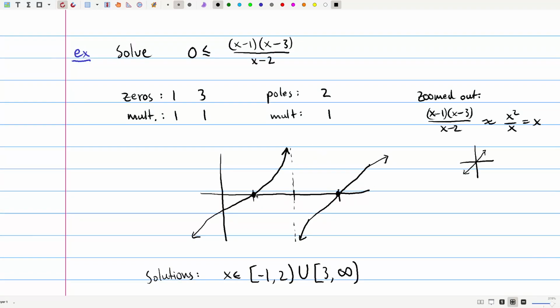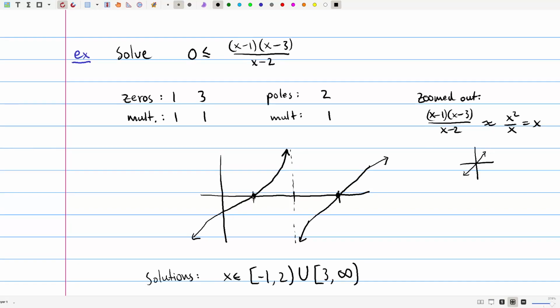That's when the graph is at or above the x-axis, and we can see that when x is less than 1, it's below the x-axis. When x is 2, the function's simply not defined, so we have to be sure to exclude it from the solution set. And when x is from 2 to 3 exclusive, it's below, and then from 3 onwards, it's above.